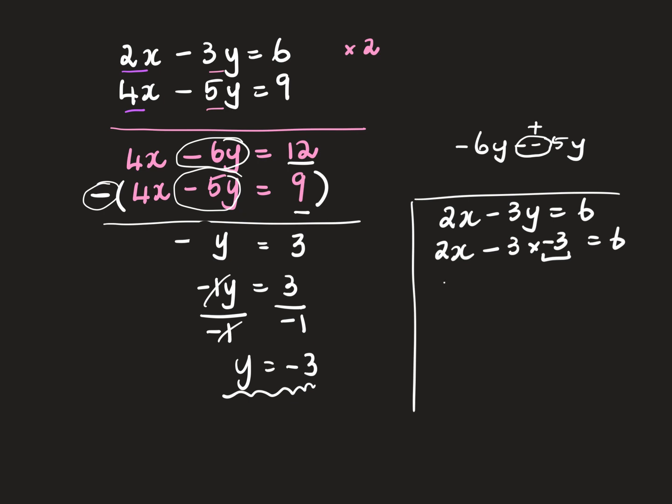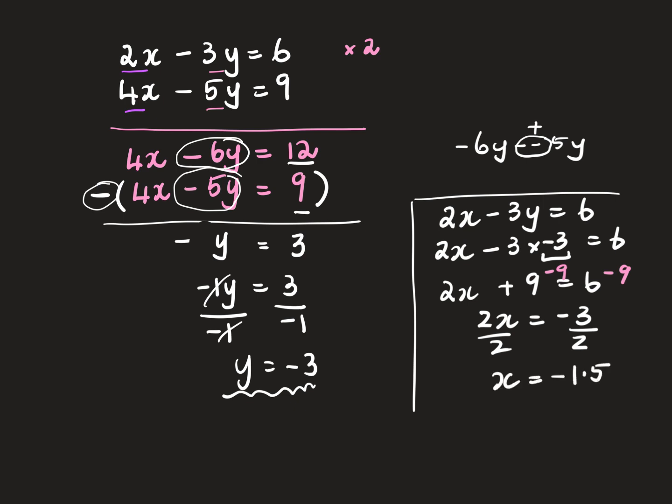Negative 3 times negative 3 is actually positive 9. Take away 9 from both sides, and I get 2x equals 6 minus 9 is negative 3. Divide both sides by 2, and that gives me x equals negative 1.5.